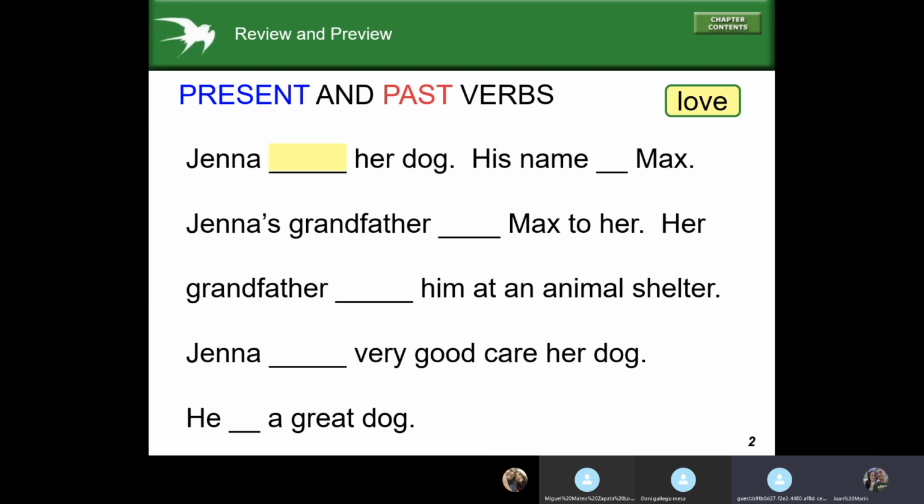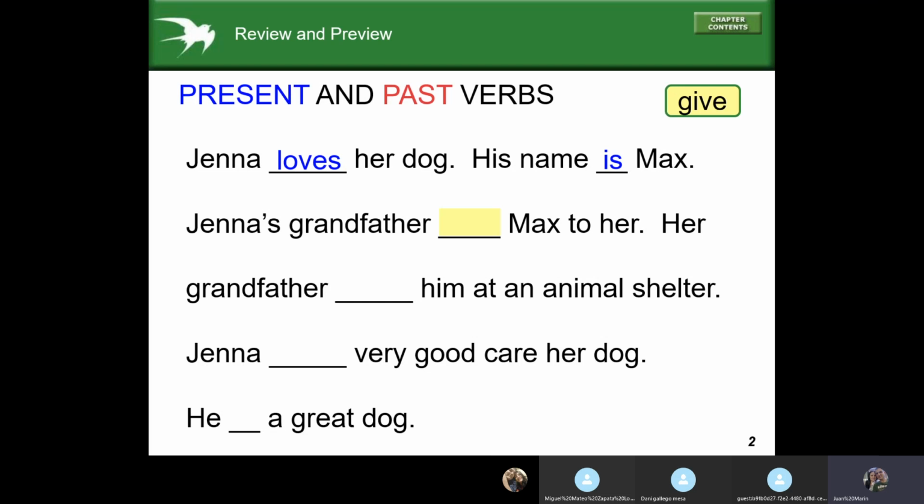His name is Max. Okay, love, love or loved? Loved her dog? Okay, loves. In this case it is the present. Gina loves her dog. His name is Max.